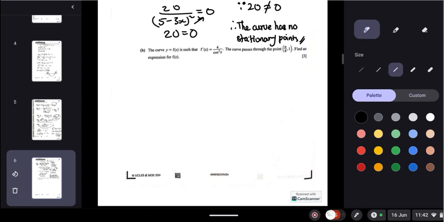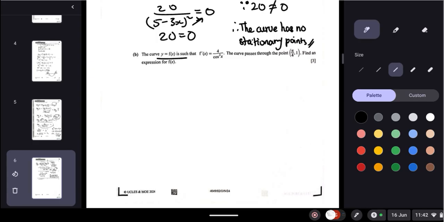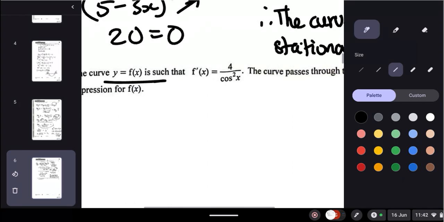This is just connected to the first question, but a bit harder. Basically the curve y equals f of x is such that f prime of x is given. So I always call this a reverse differentiation, meaning integration. You have to do your integration if you see this.